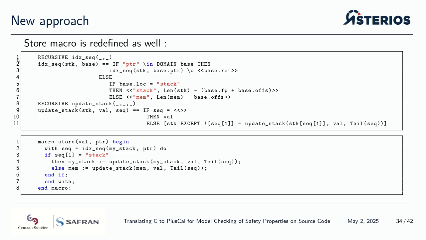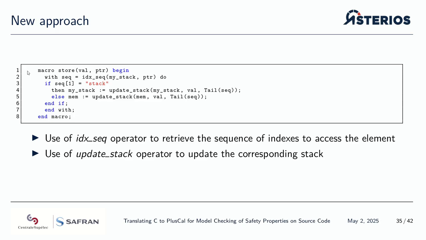We can also redefine the store macro. So here is the complete definition. If I analyze it a bit, the store macro will use two TLA+ operators. The first one is index sequence. It will be used to retrieve the sequence of indexes to access the element.